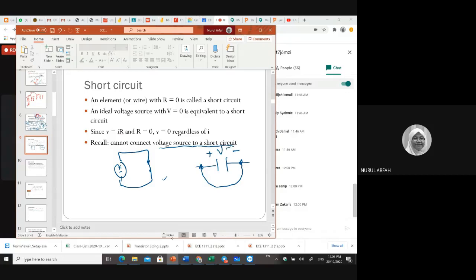Then you will drain it out, and VC will be equal to 0 instantaneously. In fact, the application of a capacitor is inside the battery. So this is what they do.